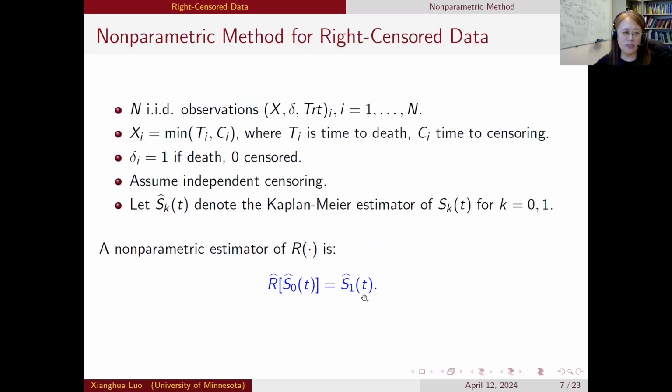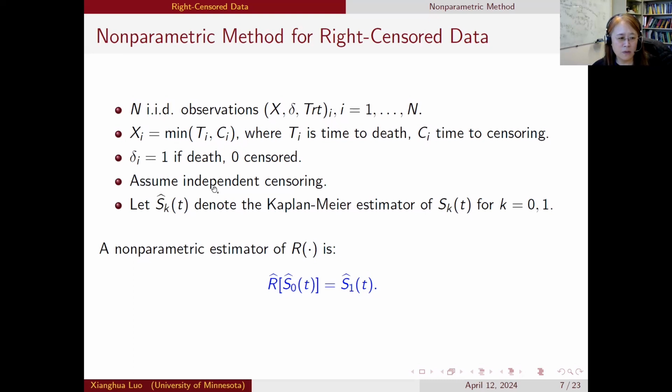And then the next question is how to estimate the two-sample survival curve. Okay, so let's introduce the data first. Suppose we have IID observations of this kind of triplet. X is the observed time, the typical survival notation, which is the minimum value of the true survival time and a censoring time, and also the treatment indicator. And delta is the censoring indicator variable.